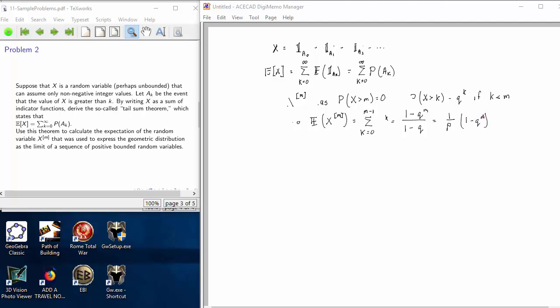And finally, taking the limit, the expectation of the unbounded random variable x is just the limit of this as m approaches infinity, and the limit of 1 over p times 1 minus q to the m is equal to 1 over p. A very well-known result.